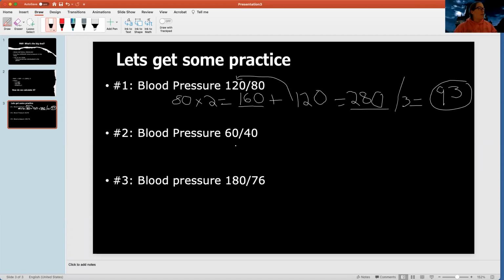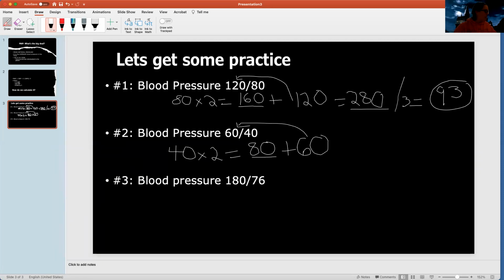And then we can also see what it's like if their blood pressure is low. So what does the MAP end up as? First we're going to do 40 times 2, and that's going to equal 80. Then we're going to add the top number, the systolic blood pressure. So 40 times 2 is 80.